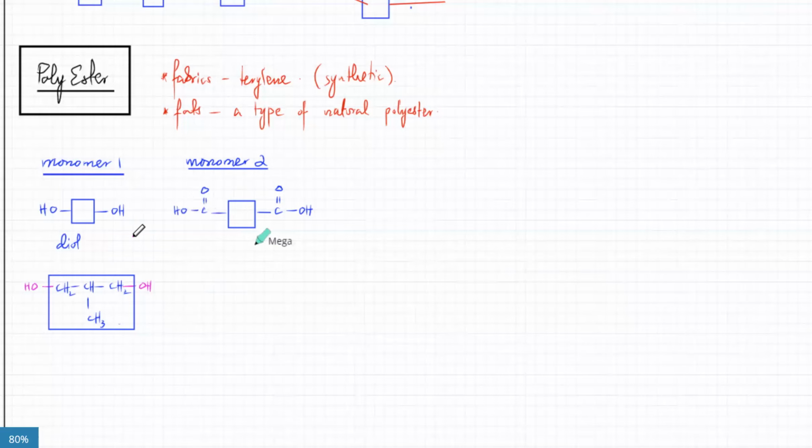An example could be this: there are 3 carbon atoms, and the 3 carbon atoms have a double bond O and OH, double bond O, and there are 2 hydrogens. Again, the point is it has carboxylic acid functional groups on both sides, and we don't care what's in the middle part.